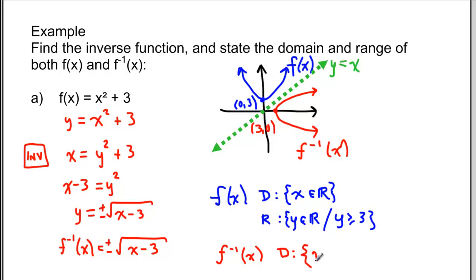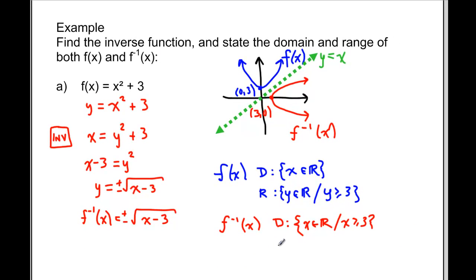So it's like I say x is an element of the reals, and x has to be greater than or equal to 3. And what about the possible y values? Well, look at the graph again, and we see that y extends upwards from here, and it goes downwards from here. It'll eventually hit every single y value, so all I have is y is an element of the reals.